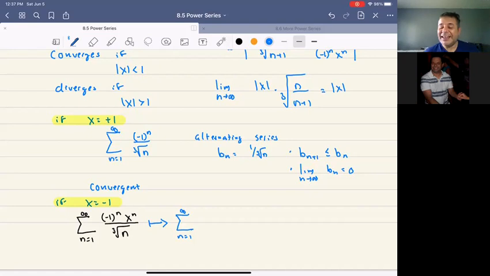Negative 1 to the n times negative 1 to the n, for x being negative 1, is just 1. That's going to be the sum, n goes from 1 to infinity, of 1 over the cube root of n. That is a divergent p-series.